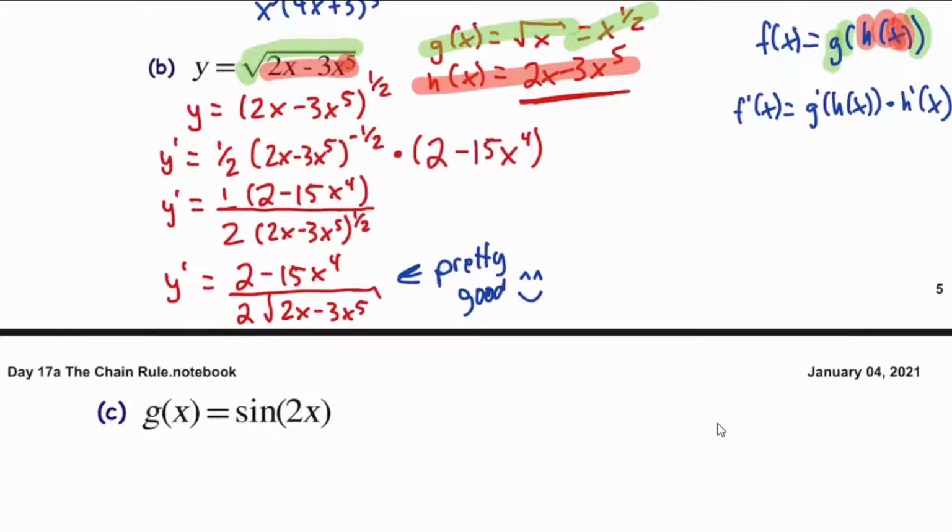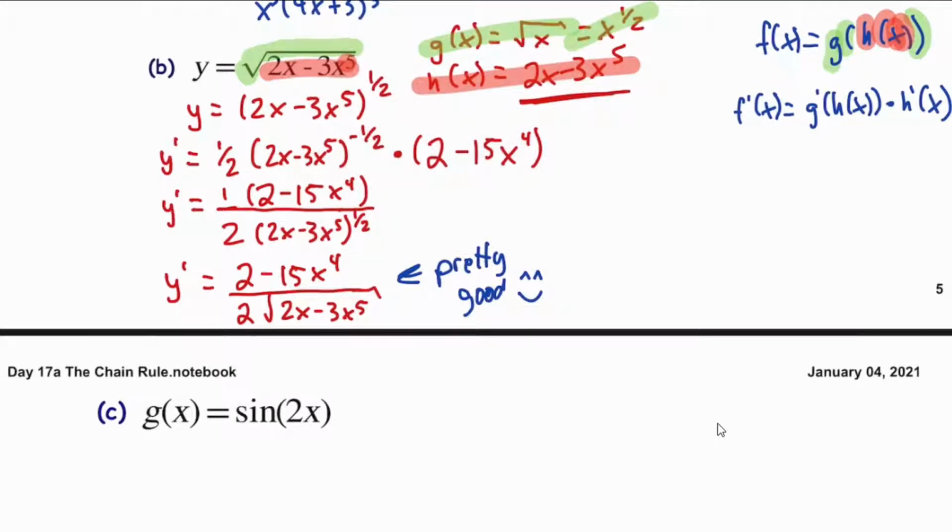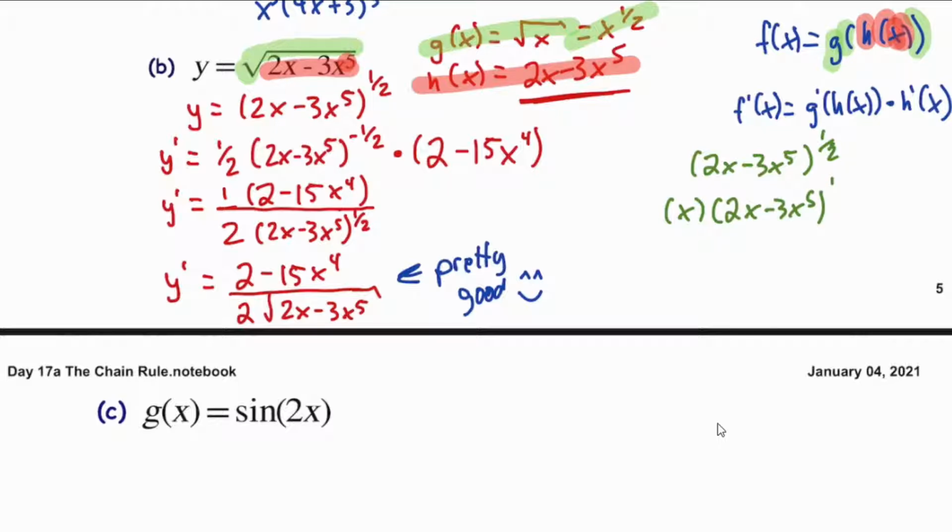Sorry, we're not even going to do that, but we can do something similar to what we did in our previous question, where on the bottom we have 2x minus 3x to the power of 5 to the power of half. And we can factor out an x. But like we saw before, the exponent is still going to apply to both parts. So I could rewrite this as I've done here.